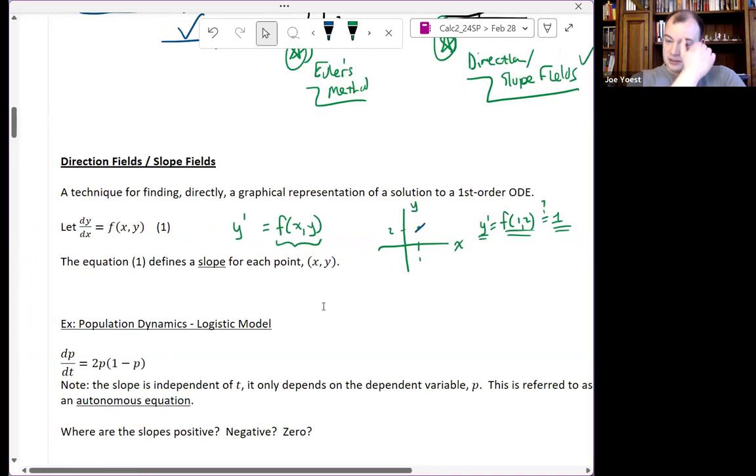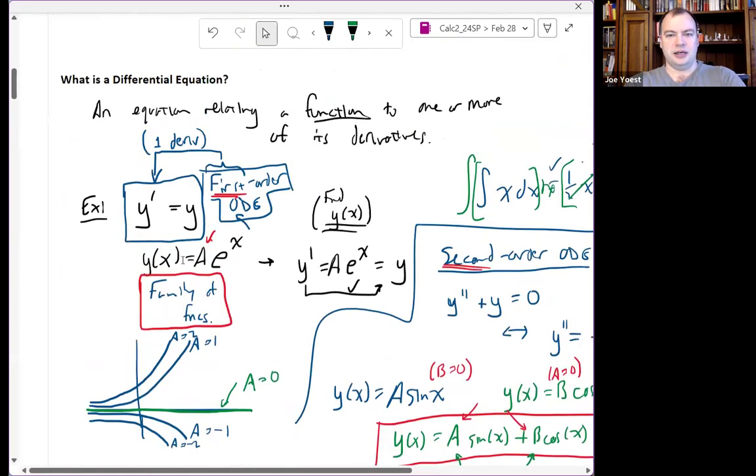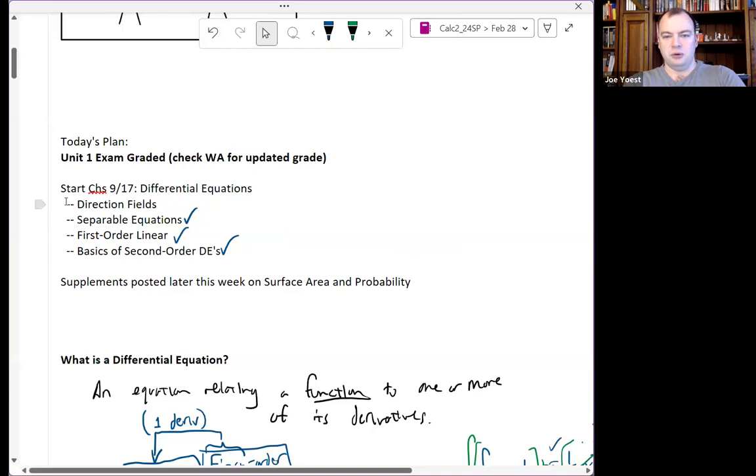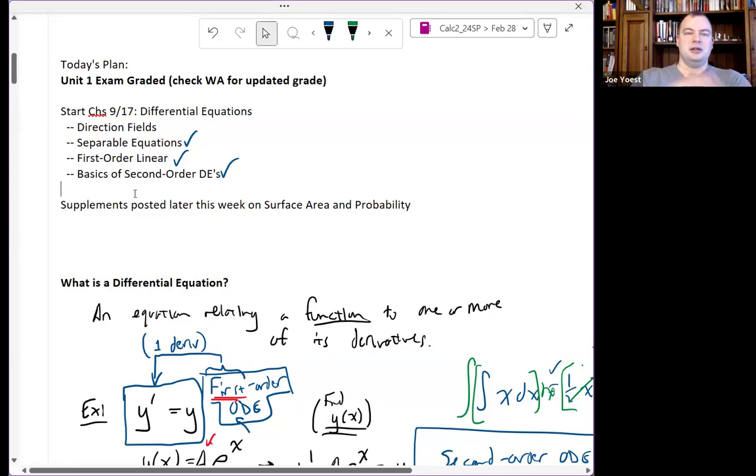Okay, so let's try to do this for an actual problem. Here we're going to look at a population dynamics problem. As an aside, in a DiffEq class, we would spend pretty much a whole day talking about what different applications are, and so on. We would spend probably the better part of a month going through all of the first order techniques and details and nuances.